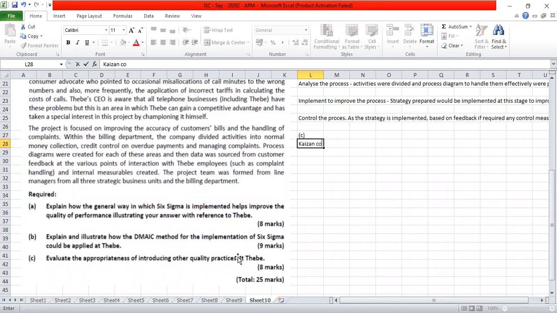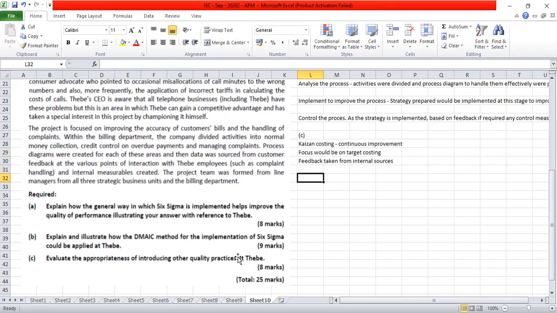Kaizen costing, continuous improvement. Then focus would be on target costing, with feedback taken from internal sources, based on which they take all the measures.